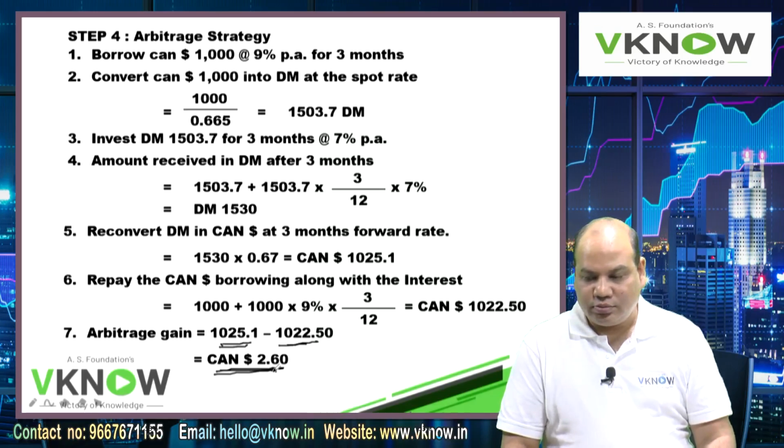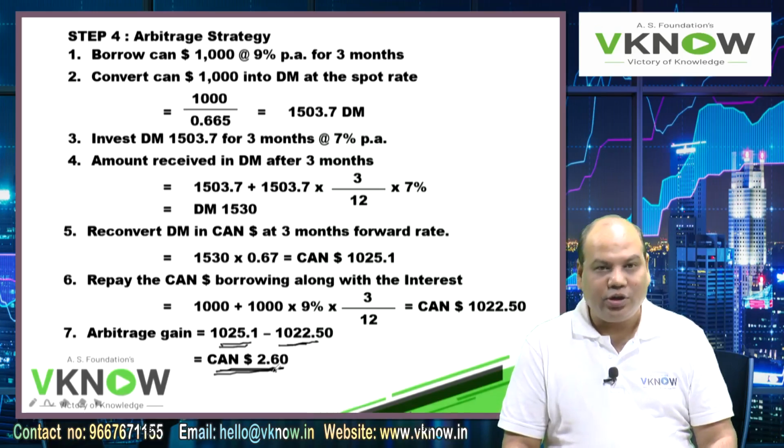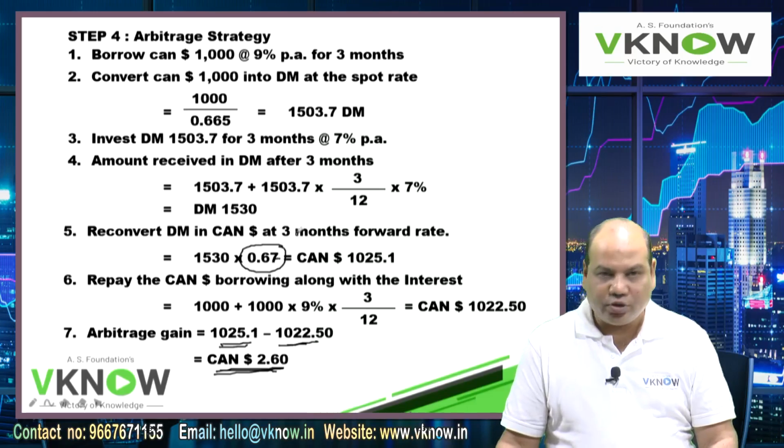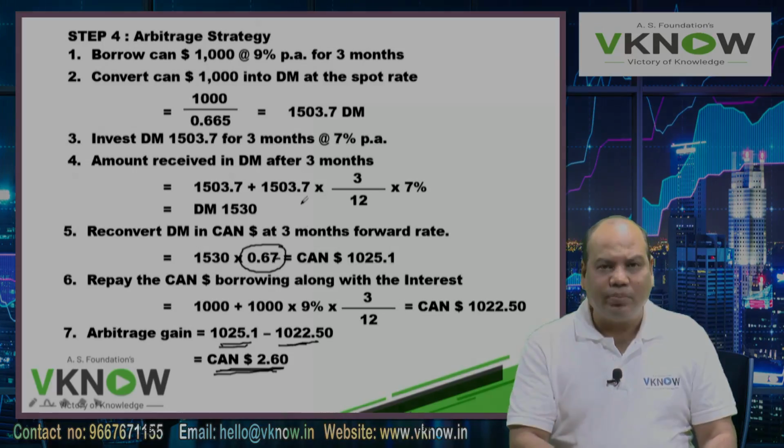No risk, no investment from your own pocket, and still you are making a profit of 2.60, and that is because the forward rate quoted was not in equilibrium, and hence you could make the arbitrage gain here, right? So this answer is over. Now we'll take a break.